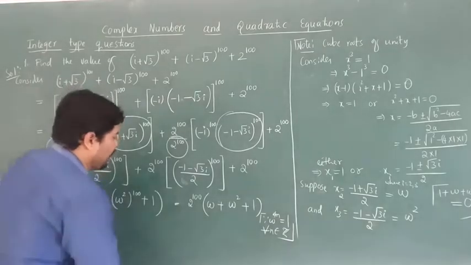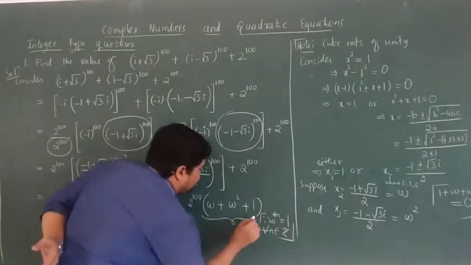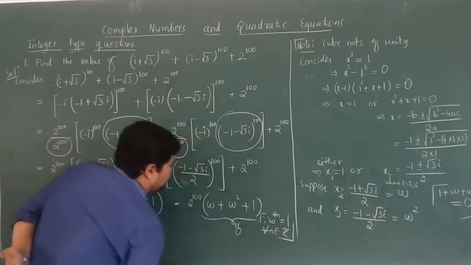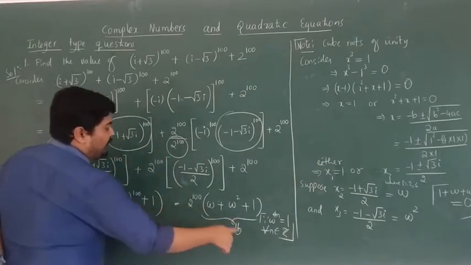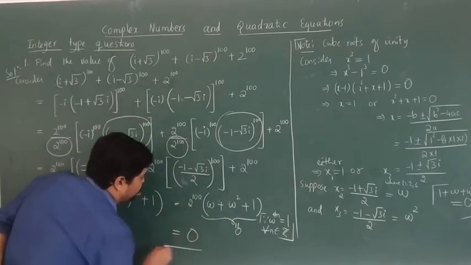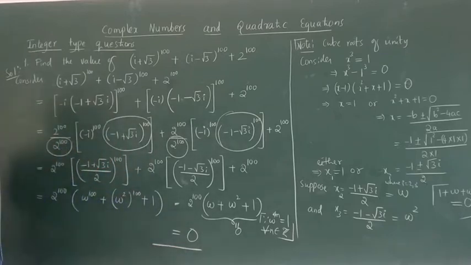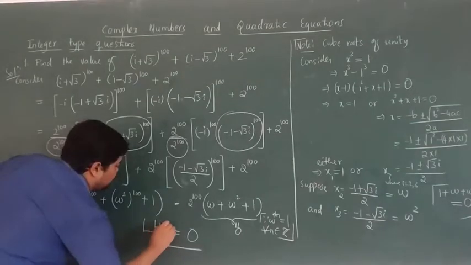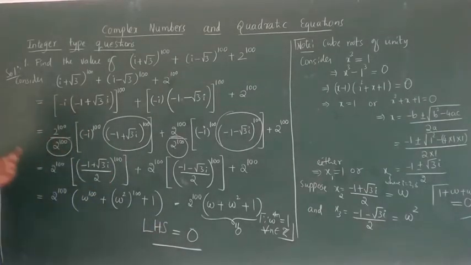Now this one is nothing but the cube roots of unity expression, that must be equal to 0. Now anything into 0 is exactly 0. Therefore the value of the LHS part of this particular problem is exactly equal to 100.